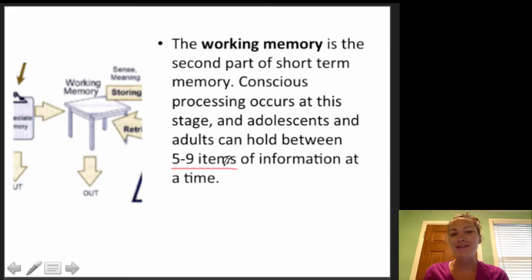And we're going to do a little test of our working memory just to see how we are at our working memory, so you can practice utilizing it, okay? So again, this is a conscious processing. Same thing, if it's determined to be unnecessary, we weed it out. If it's determined to be important to us, it moves on into our long-term storage.